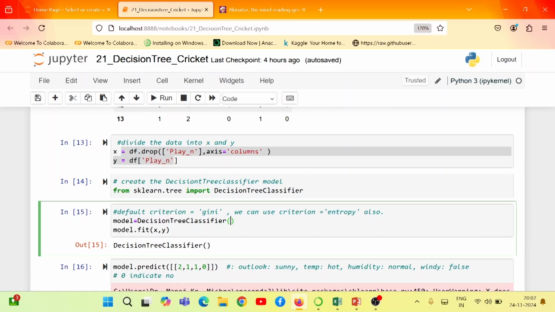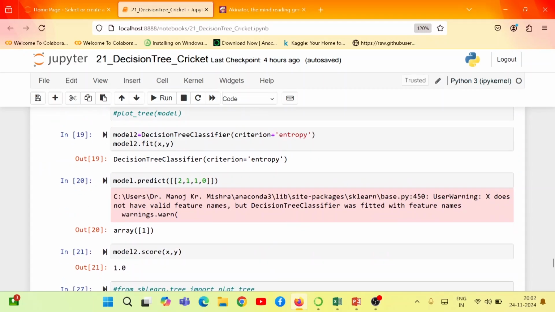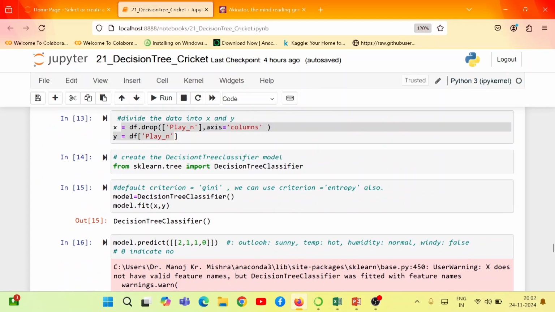That means the decision tree is created using the Gini index as the criterion for splitting the data. We can also specify entropy as the criterion in the decision tree classifier. You can give that as a parameter over here, but by default it takes the criterion as Gini only.